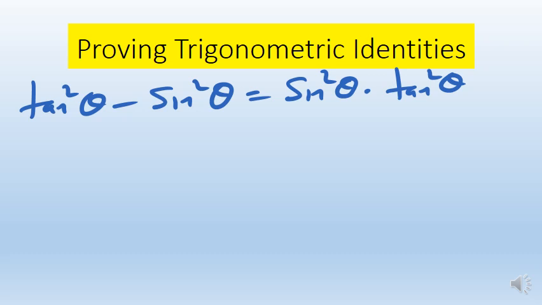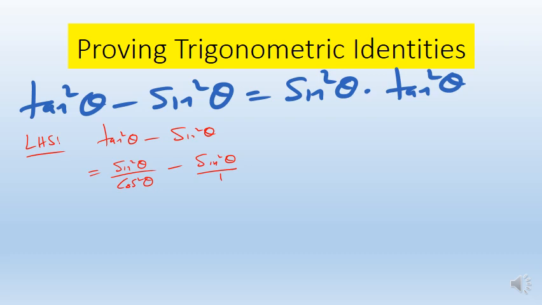So here I go. I am choosing the left hand side, which is tan squared theta minus sine squared theta. And I told you I like to write tan squared always as, in this case, sine squared theta over cos squared theta minus sine squared theta, like this. You can put this over 1 if you wanted.